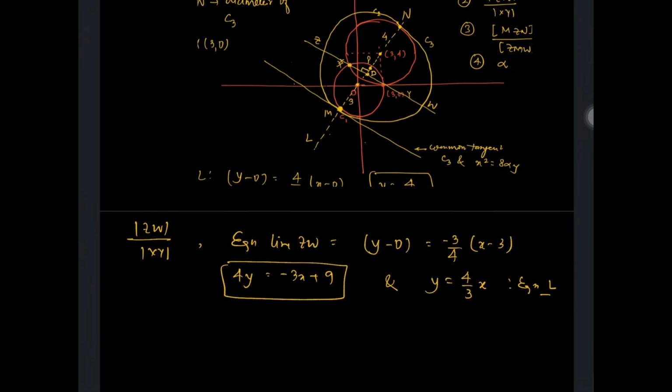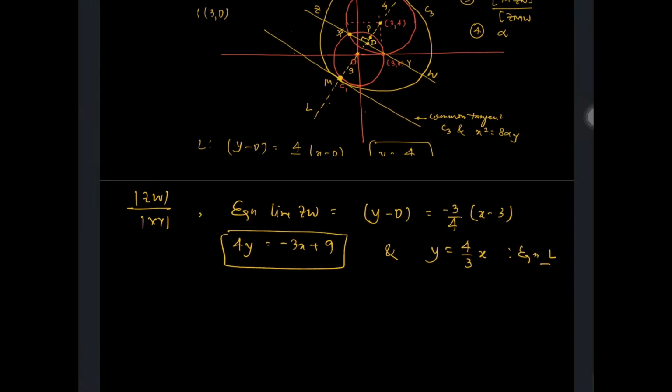Okay, now if you solve these two equations, you will get 16 by 3 x equals minus 3x plus 9. So x is 9 into 3 by 25, that is 27 by 25.